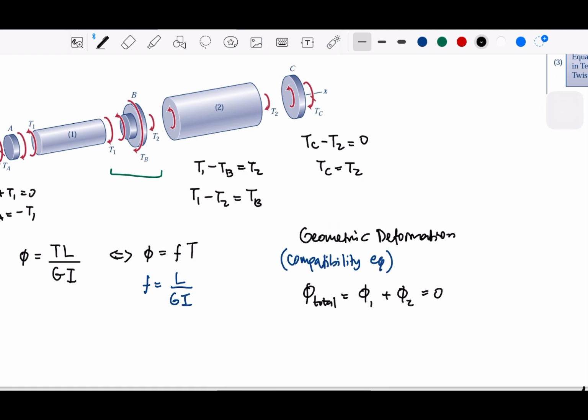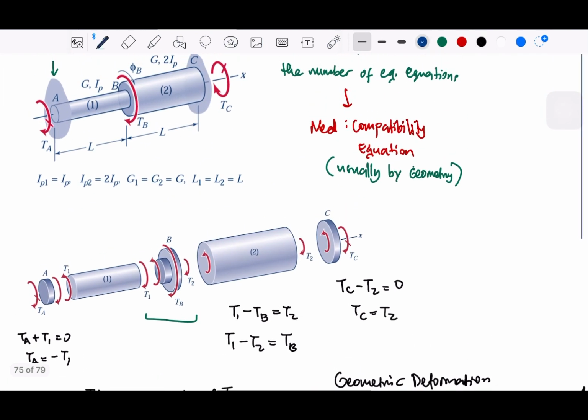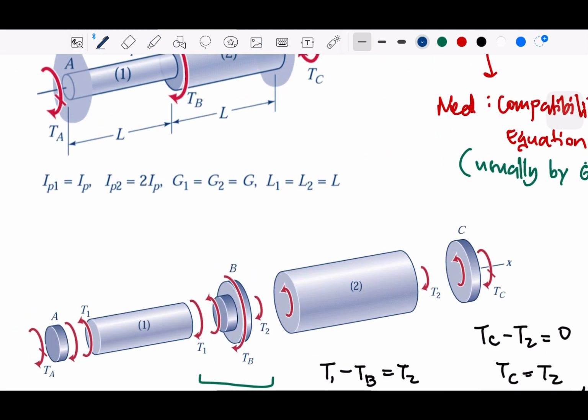Okay, now we can also look at it from this perspective: F1 T1 plus F2 T2 equal to 0. Then we can look at the information that we have. All the information is the same except that material 2 has twice the inertia of material 1, right?